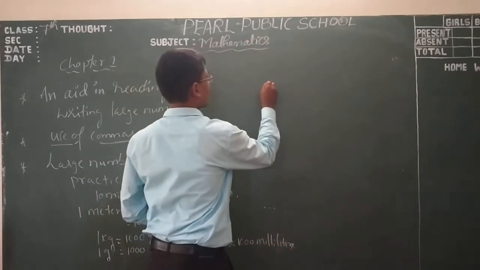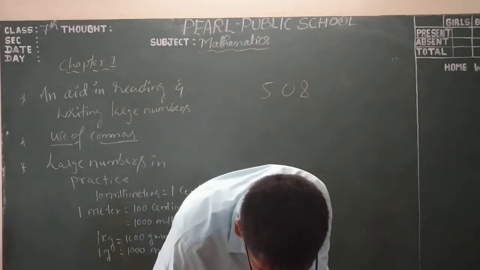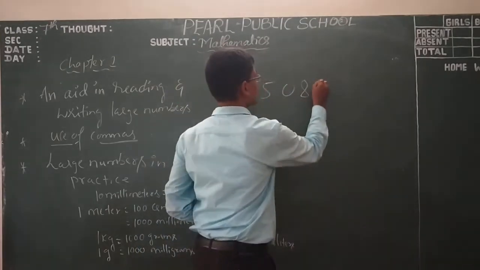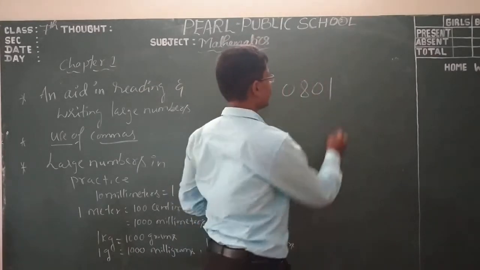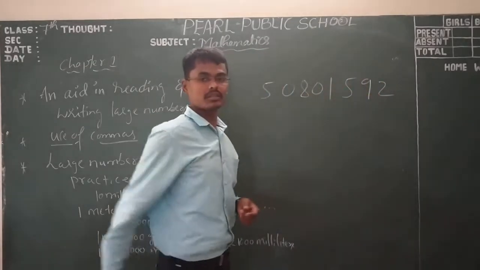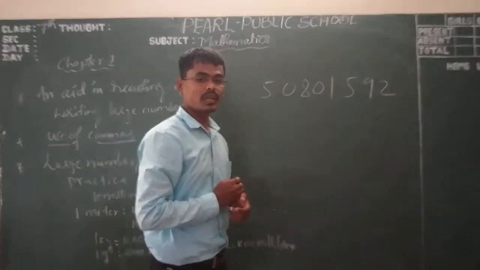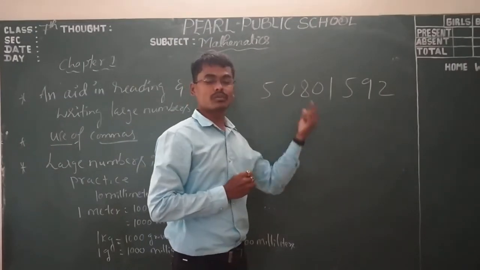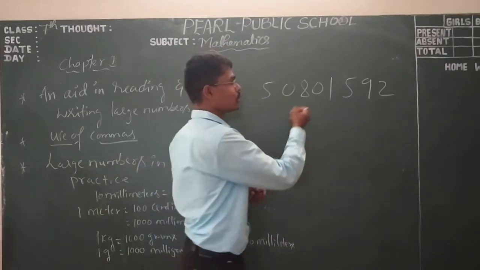508 01 592. This is somewhat a large number, a very big number. Now, how are we going to use the commas for this type of number? Now look at here.